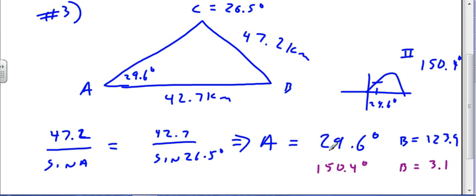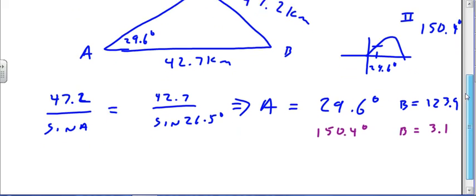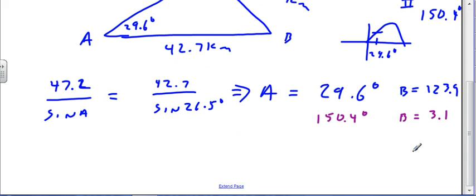And this is exactly where Ben's going to not get his 100 on the next test, because he's going to fail to look for the second solution. Because his calculator is going to give him one, he's going to be happy with it, he's going to move on. So now we have two separate solutions.